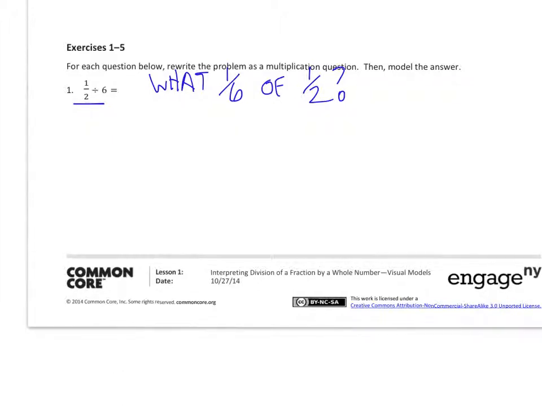So I want you to draw models for these and then write it as multiplication. I know it doesn't look like it, but this is multiplication. What is 1/6 of 1/2? The way you would write that as a multiplication sentence is that.